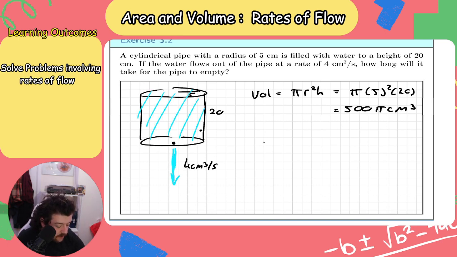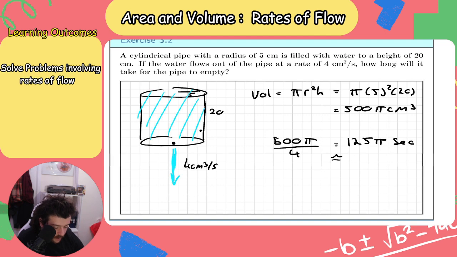So that is going to be 500 pi divided by 4. That's going to give me 125 pi seconds.